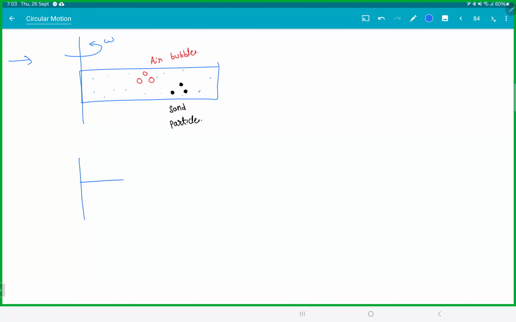Once this starts rotating, think of it like this: the centrifugal force is kind of like gravity. That's what I told you. So air bubbles will float opposite to gravity, right? The lighter ones will come toward the center, and the sand particles will accumulate here. So denser particles go away from center.